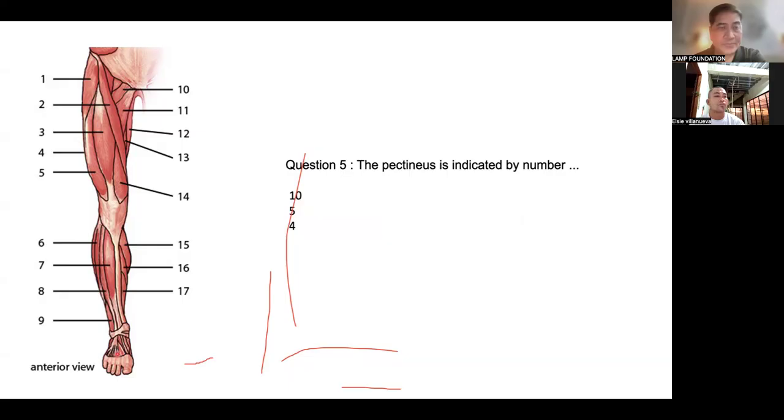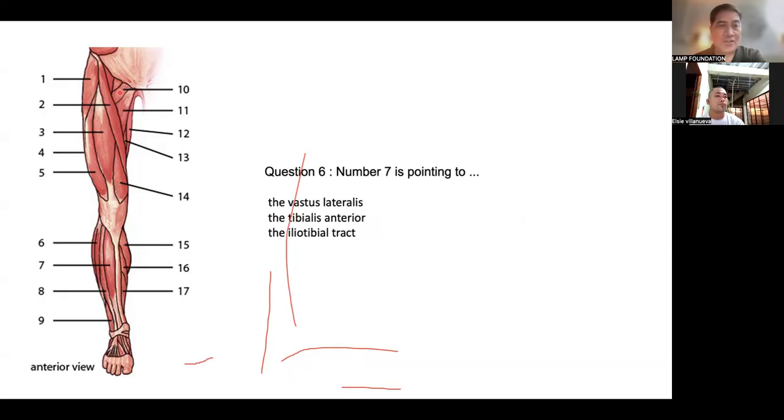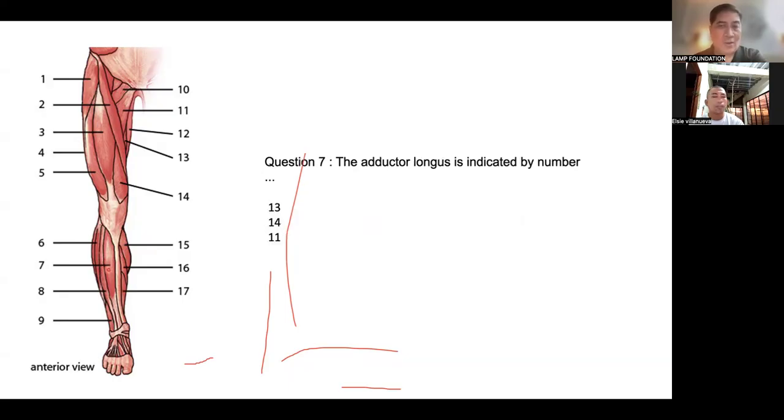Number 10. Number 7 is tibialis anterior. Adductor longus is 11. Sinong katabi niya? Pectineus.